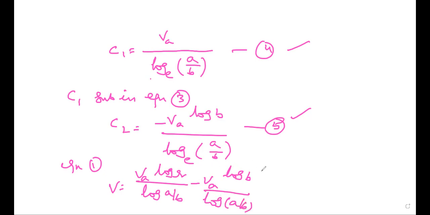So this implies V is equal to, taking VA common, VA by log a by b into log r minus log b, that means log r by b.